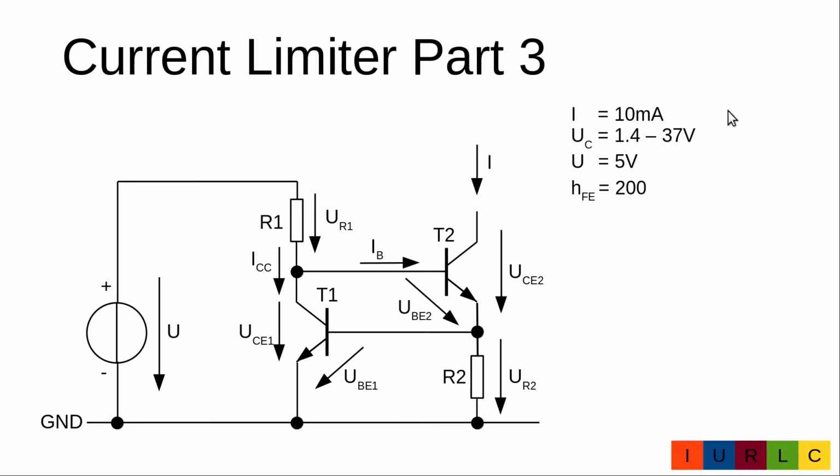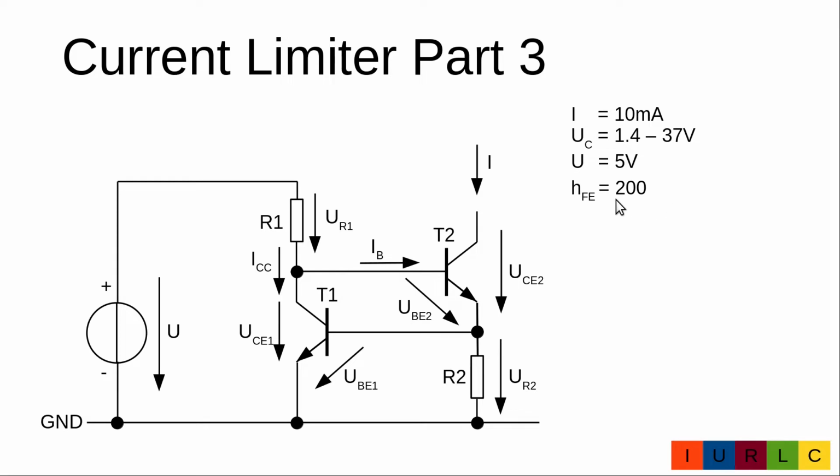Now let us calculate the circuit. We assume we want to have 10 milliamps output current. The current should be stable from 1.4 to 37 volt. The control voltage should be 5 volt, so that we can use an Arduino Uno later to drive this circuit for a constant current LED chain or a short-circuit protected output.